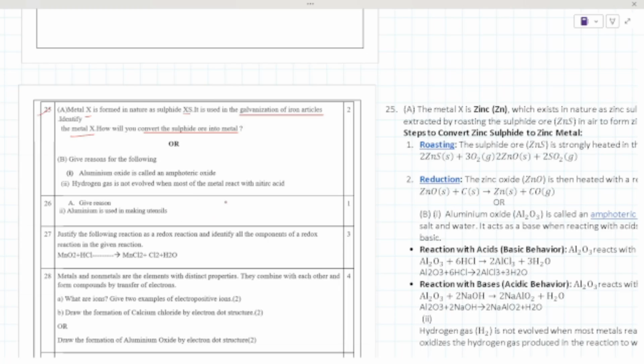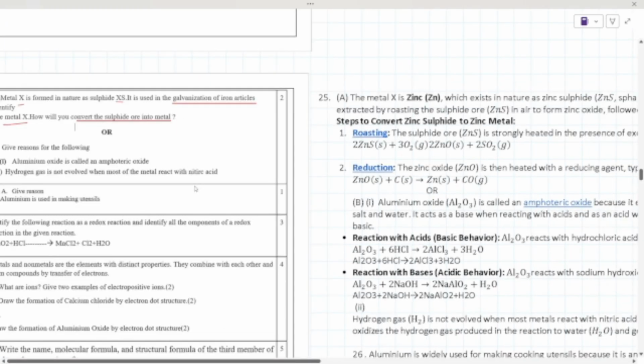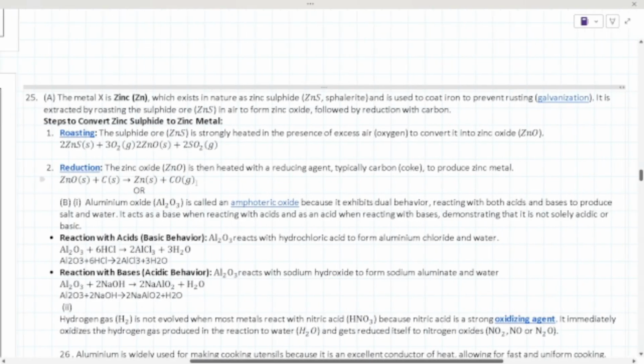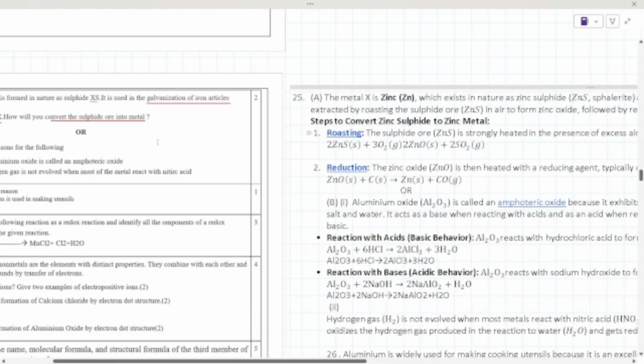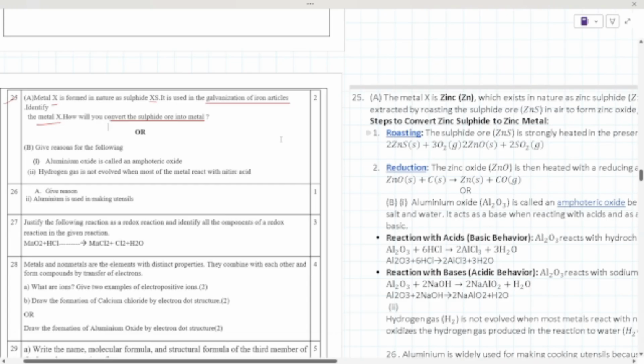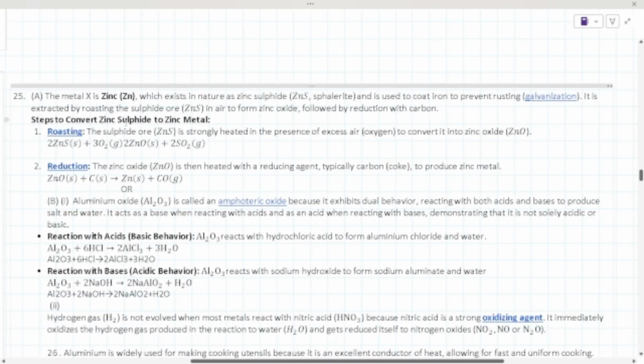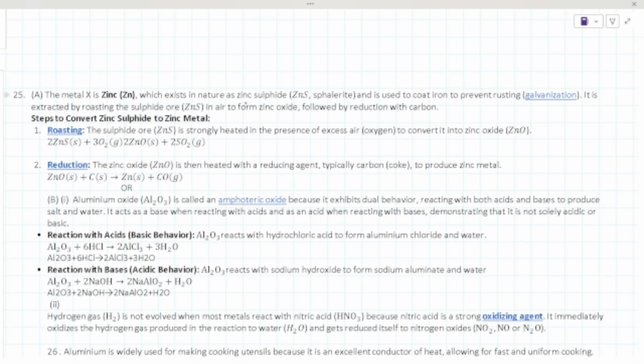Let's see the explanation. Galvanization of iron articles: X will be zinc, which exists as zinc sulfide, ZnS, and is used to coat iron to prevent rusting, the process of galvanization.